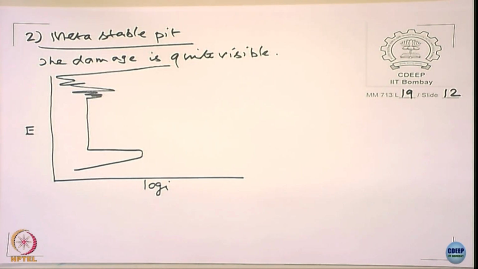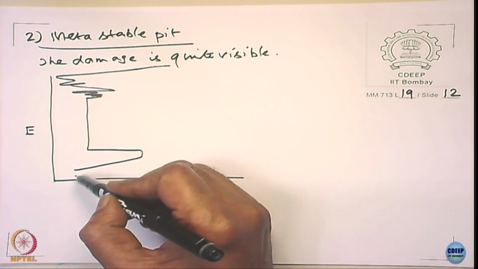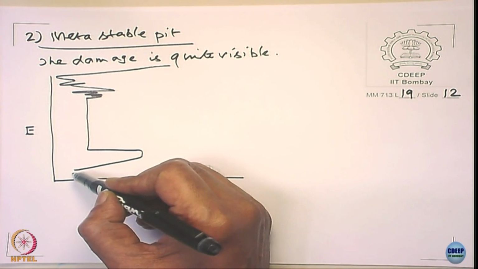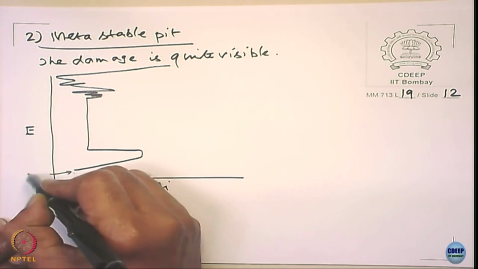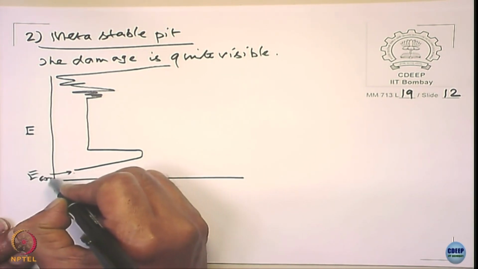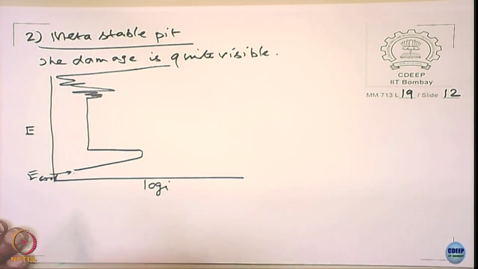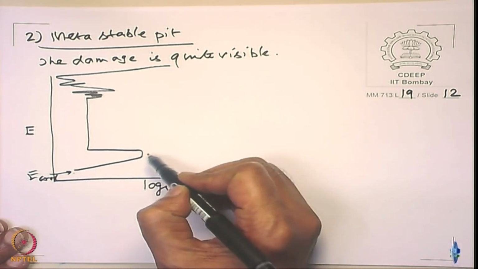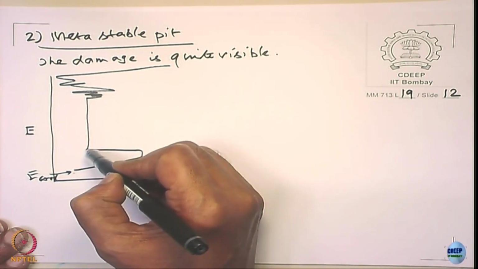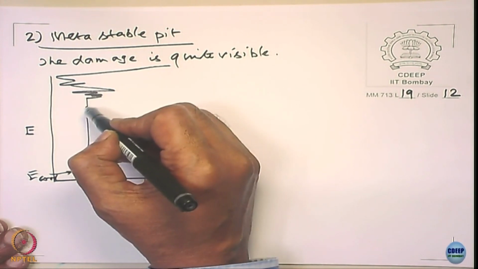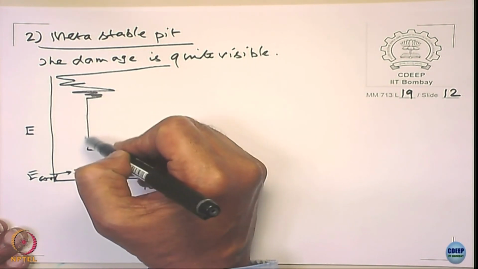If you normally observe the anodic polarization curves of, let us say, stainless steel, aluminum alloys, some cases even titanium alloys, you start from the E corr, right, this is your E corr, okay, and you raise the potential, you go to the critical current density, then passive state, current apparently looks very stable, right.